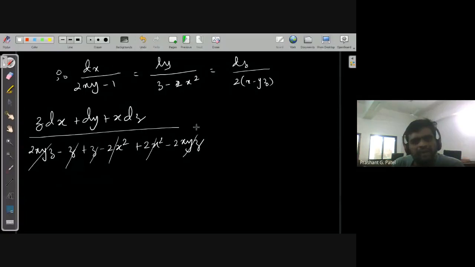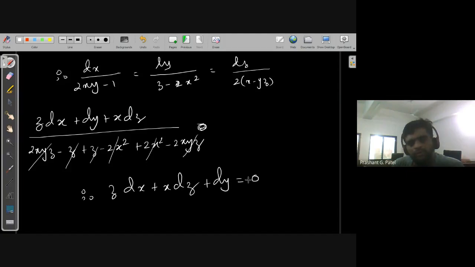So therefore, z dx plus x dz plus dy equal to 0. If I take the integration, this is nothing but z as it is the derivative of x, x as it is the derivative of z. So it is xz plus y equal to constant c1.